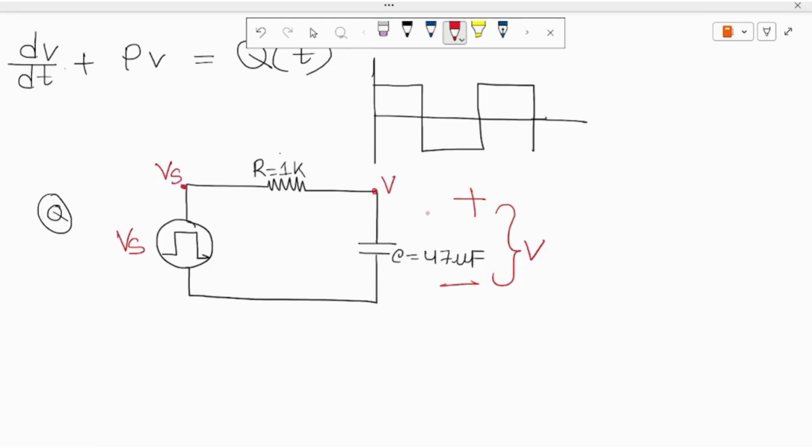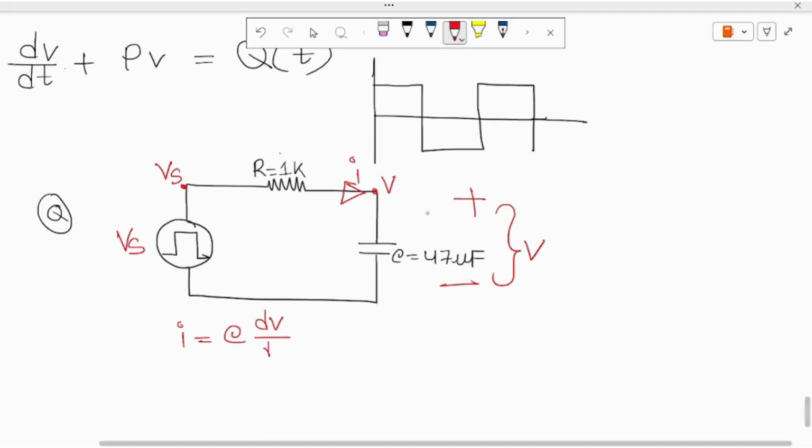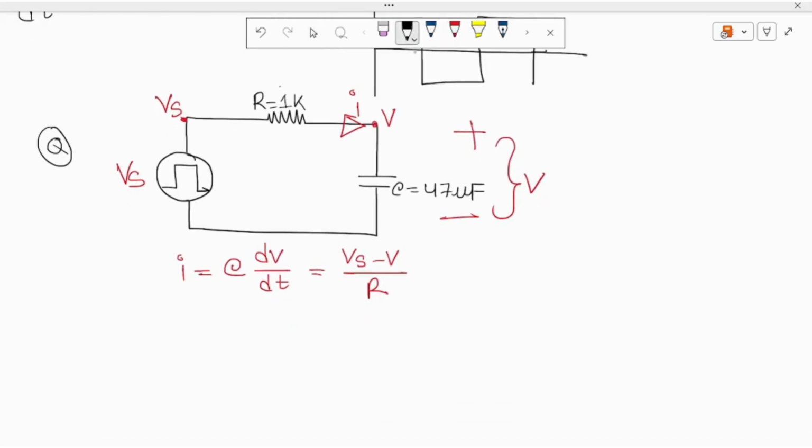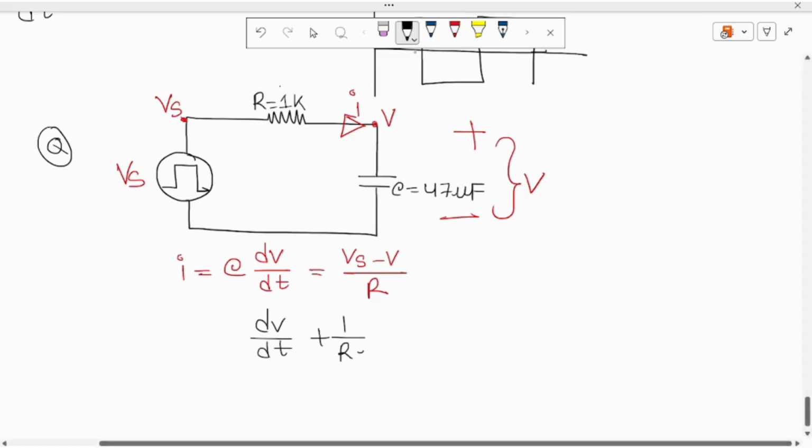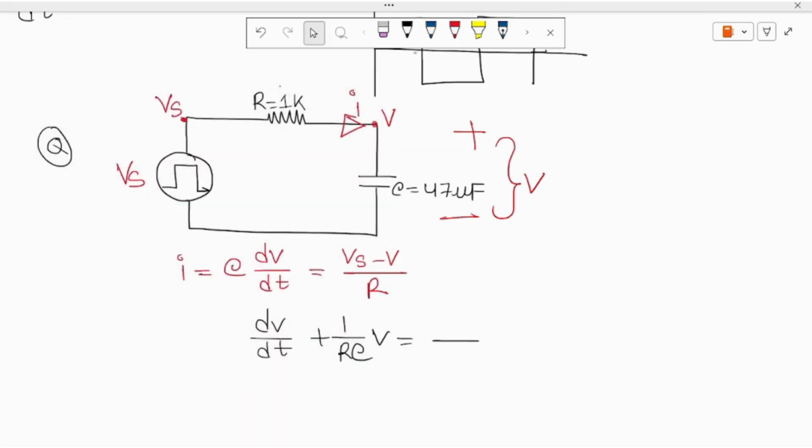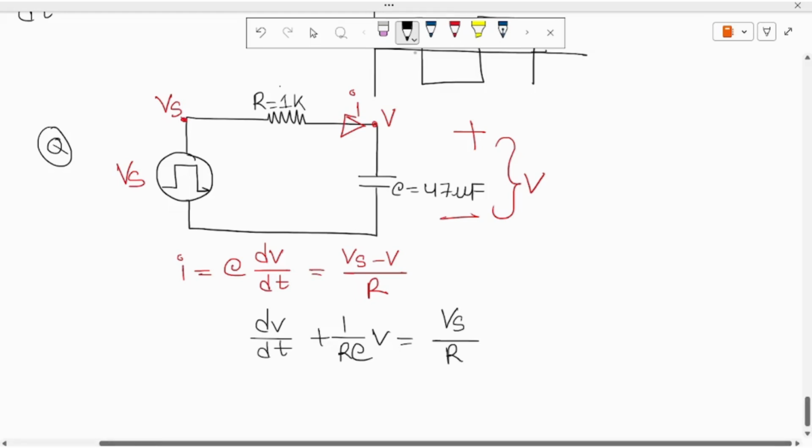So if I want to write the current through this capacitor, we know a formula I is equal to C dV by dt, and the same current is flowing through the resistor, so (Vs minus V) divided by R, simple Ohm's law, right? And now if I modify this equation, I will have dV by dt plus 1 by RC times V is equal to Vs divided by RC.